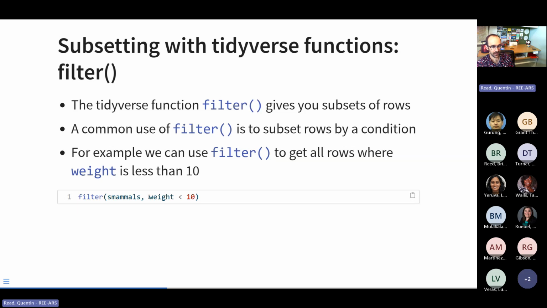So it's going to be something that gives us a logical, and you can use columns that are in that data frame as part of that argument. So filter of S mammals, comma, weight less than 10 is going to give us a new data frame back that's smaller than the original and has only the rows where the weight variable is less than 10.